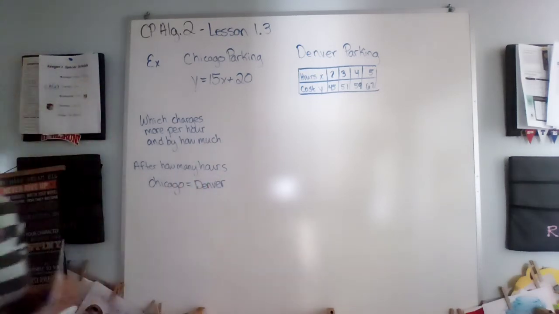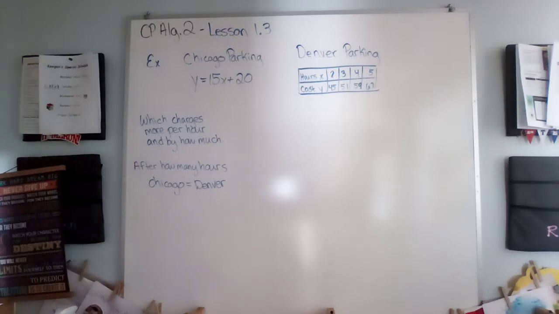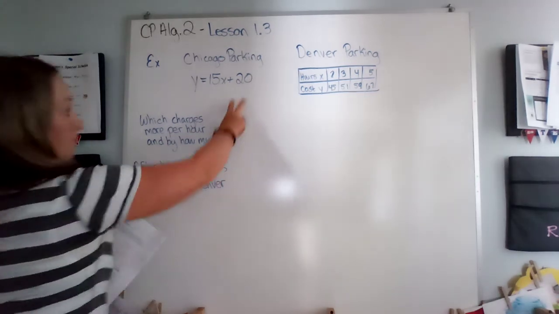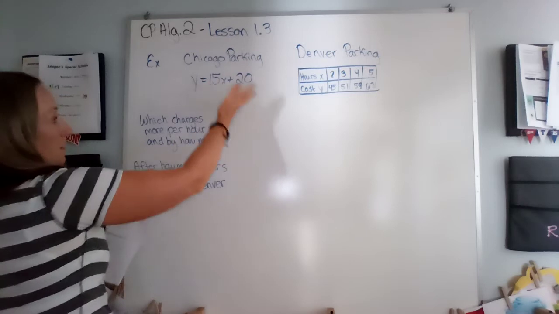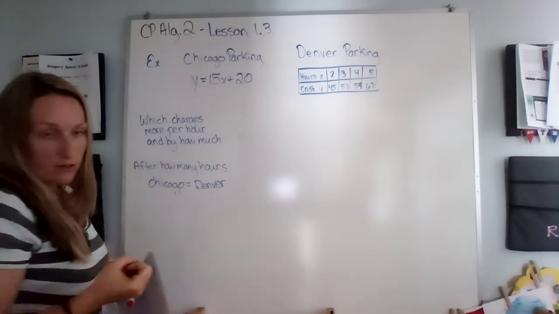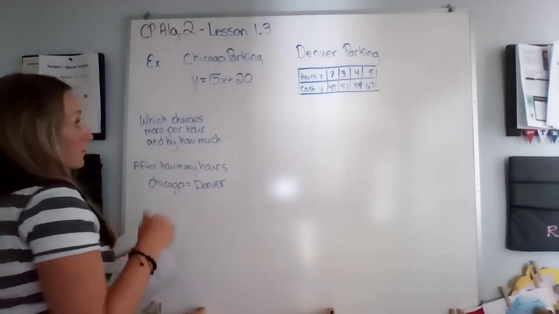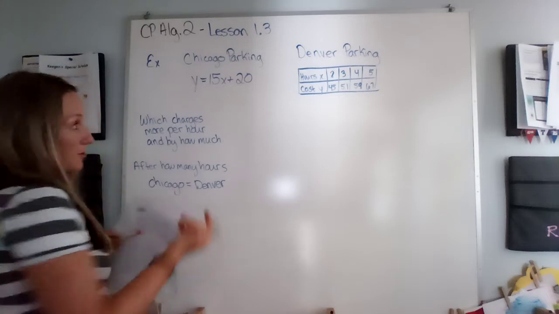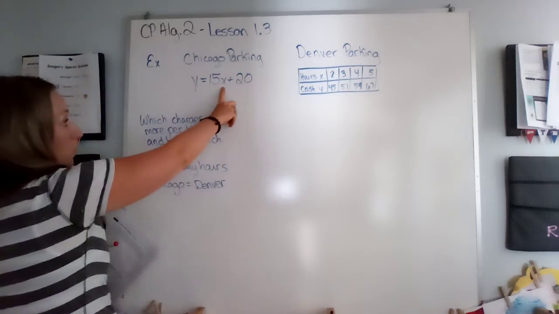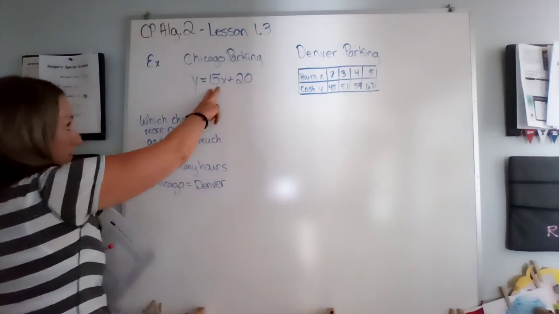All right, so we have a lot to think about here. Now, when you look at Chicago, it's already given in slope-intercept form. y equals 15x plus 20. So that's telling you to park in Chicago's parking lot, there's a flat rate. It wouldn't make sense that you would park 0 hours, but if you're just driving in and driving right out, they're going to charge you $20. And then after 1 hour, it's going to be the $20 plus the 15.